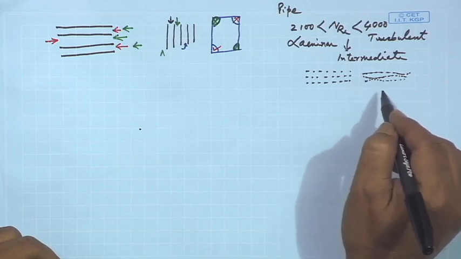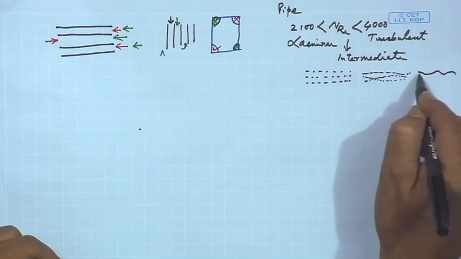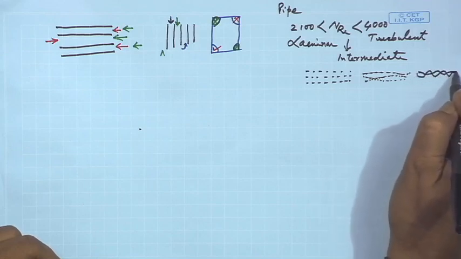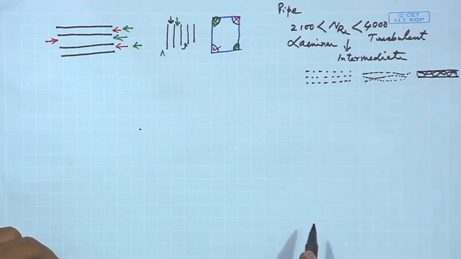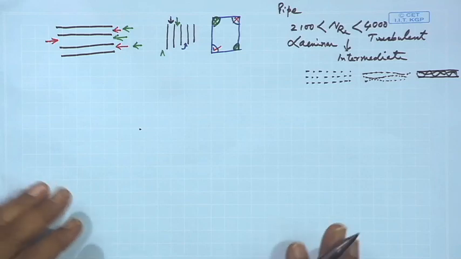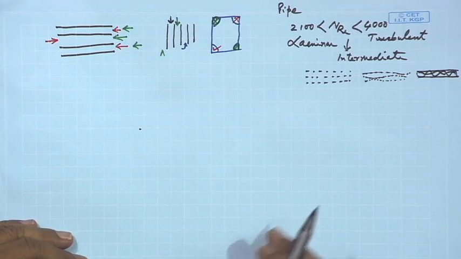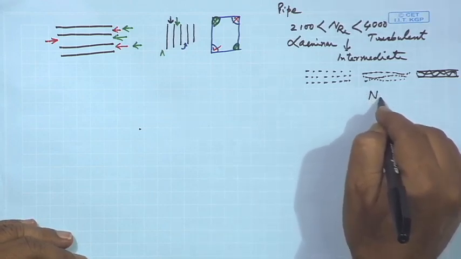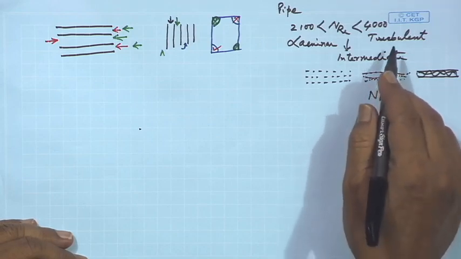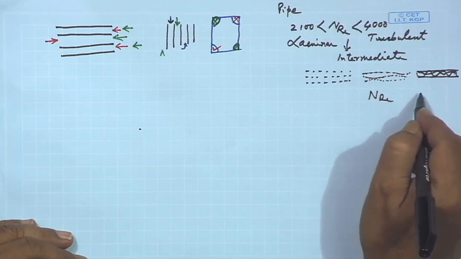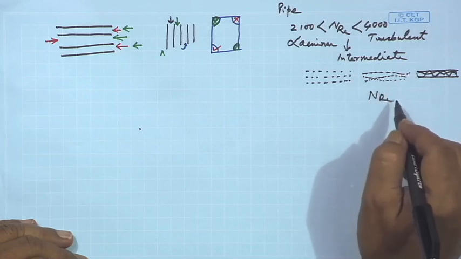Whereas if it is turbulent, then it will be a total mix, all the fluid inside is mixing, right. Who dictates this laminar or turbulent? This Reynolds number NRE. If NRE is less than 2100, then for pipe flow it is laminar, if it is more than 4000 it is turbulent, and intermediate is between that, right.